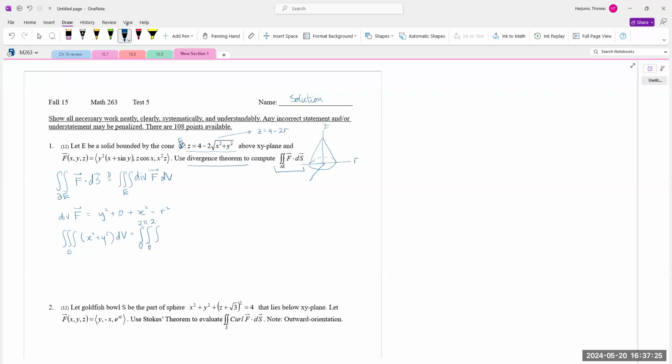Then z will be from 0 to 4 minus 2r, of r squared, r dz dr d theta. Since the integral is independent of theta, the outer integral becomes 2 pi, times the integral from 0 to 2 of r cubed times 4 minus 2r dr.